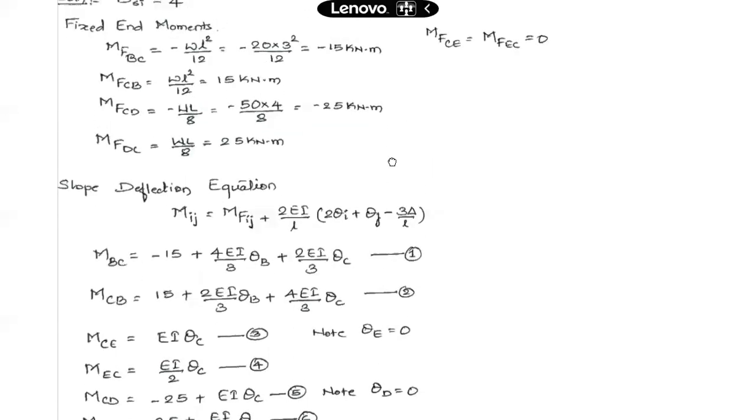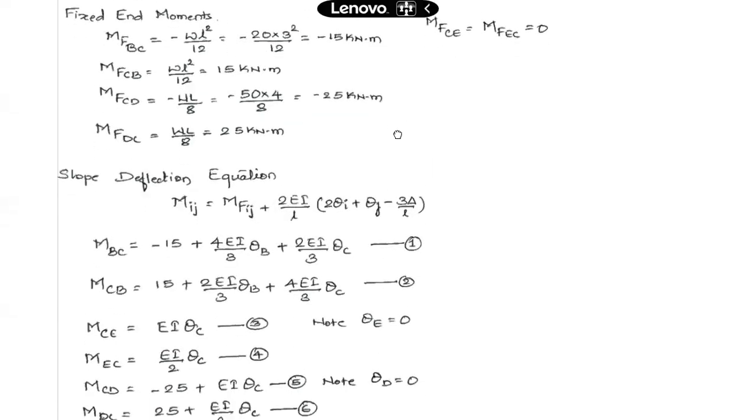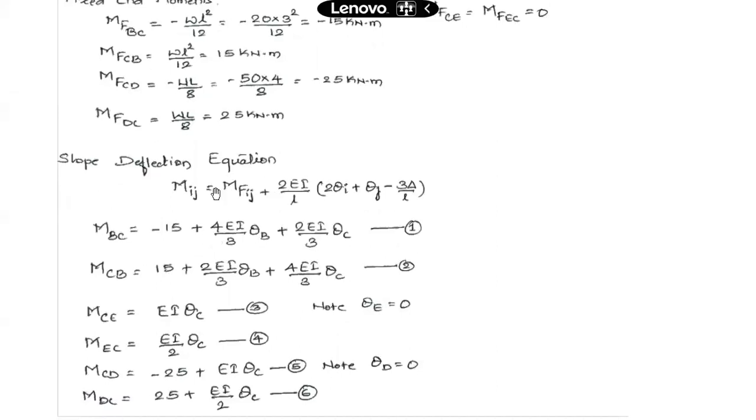When I go with member BC, I can write the slope deflection equation by replacing I and J by B and C. So MBC will be equal to MFBC plus 2EI by L into 2 times theta B plus theta C minus 3 delta upon L. This entire equation will be applied for the member BC.